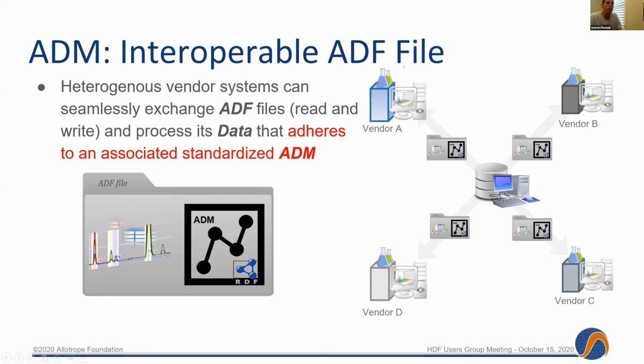So if one vendor sends an ADF file to another vendor system, it can be read and processed, understanding the context of the metadata and the related data cube and data package information.